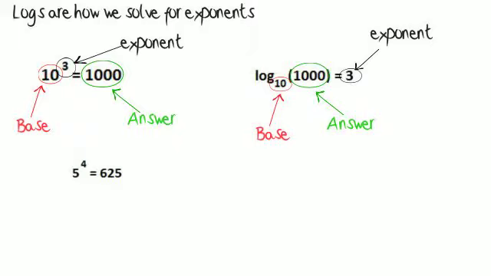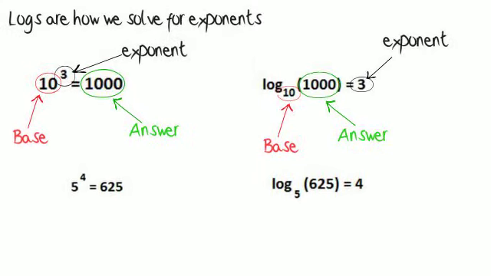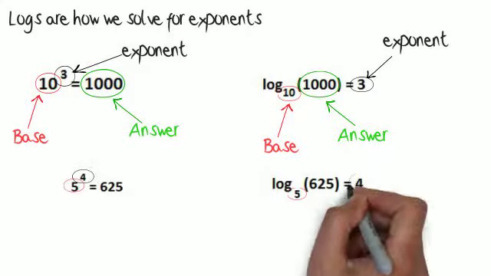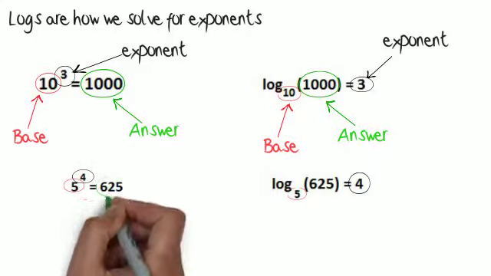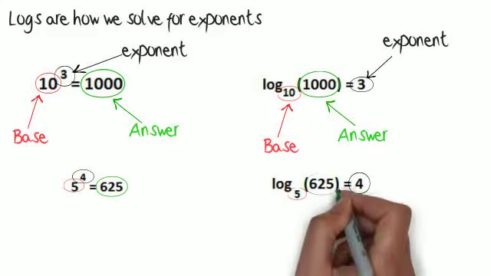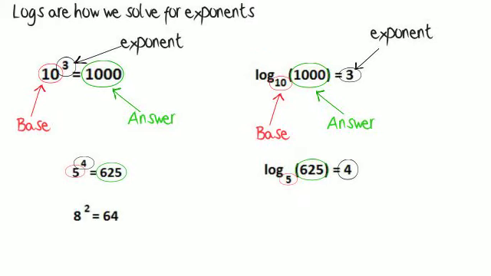3 is the exponent. So if we take 5 to the fourth power equals 625, we have a base of 5, an exponent of 4, and an answer of 625. If we want to know what the log base 5 of 625 is, it's 4, because 5 to the fourth power is 625.